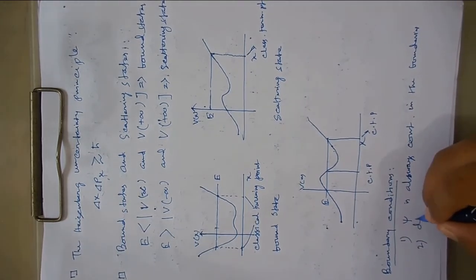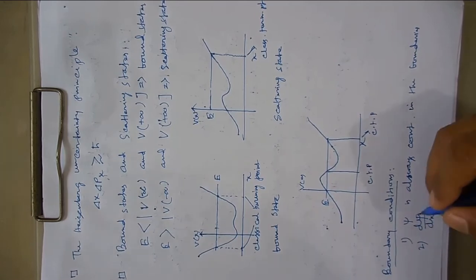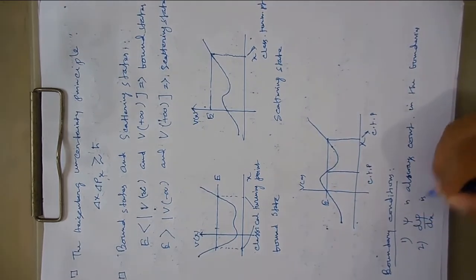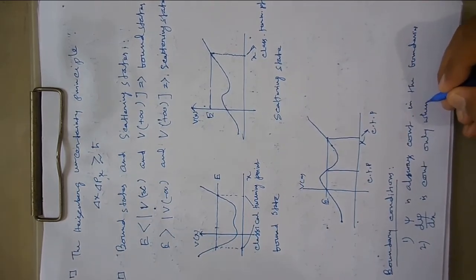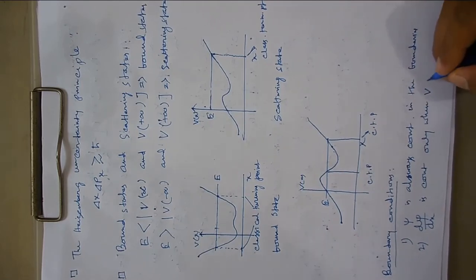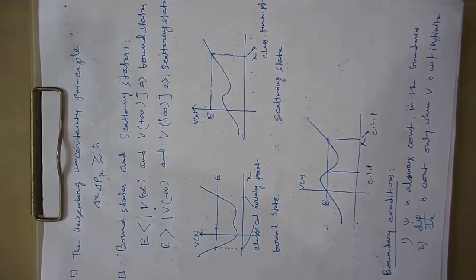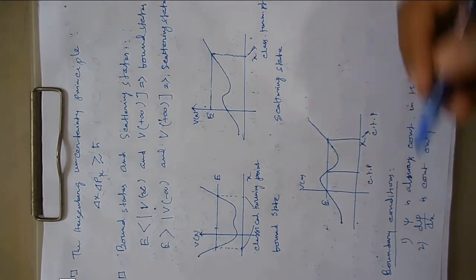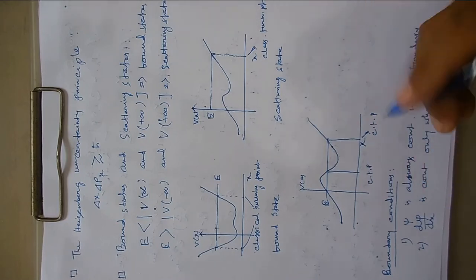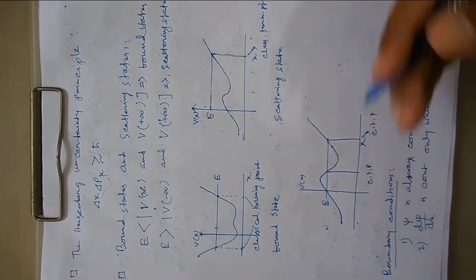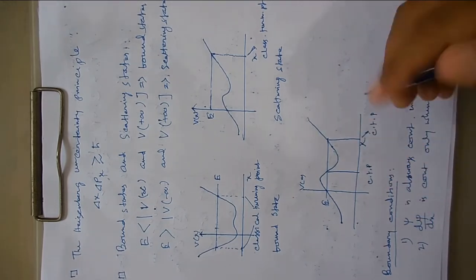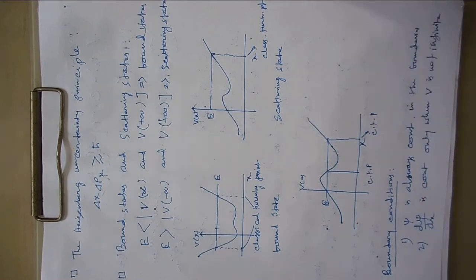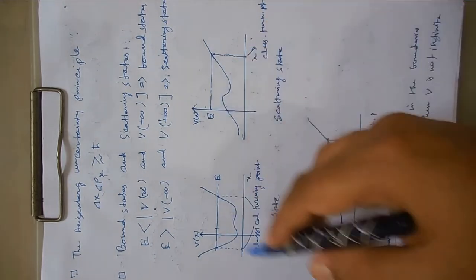The second one is that d psi dx is continuous at the boundaries only when the potential V is not infinite. That means if the potential is infinite, then d psi by dx is not continuous. Using these two boundary conditions, we will solve the other problems, and when we solve those problems, we will understand the application of these boundary conditions and the actual meaning of bound states and scattering states.